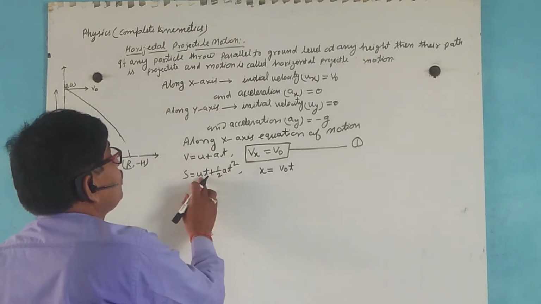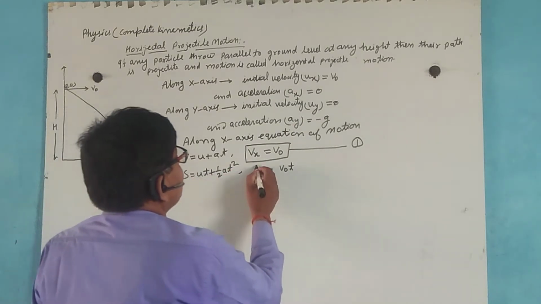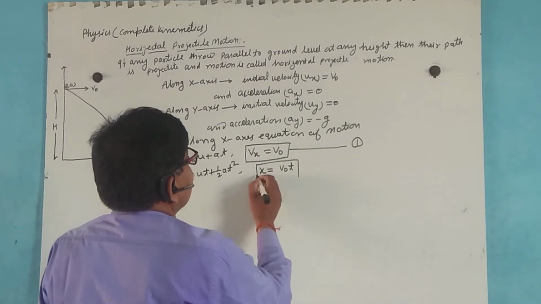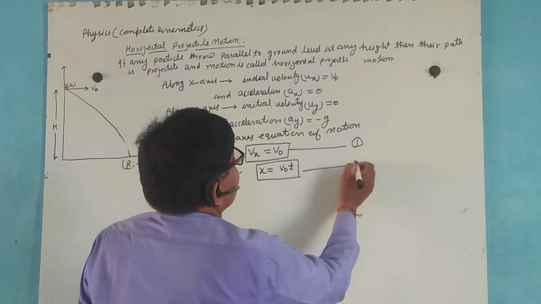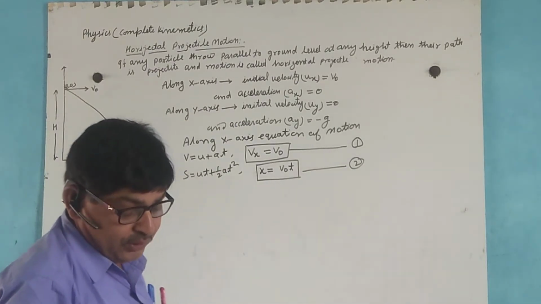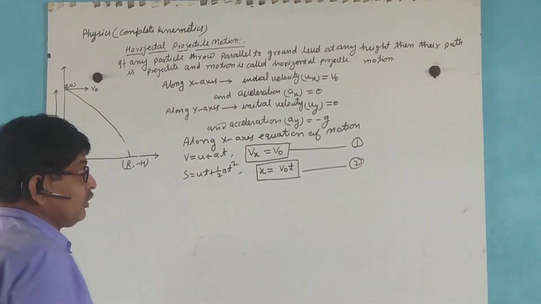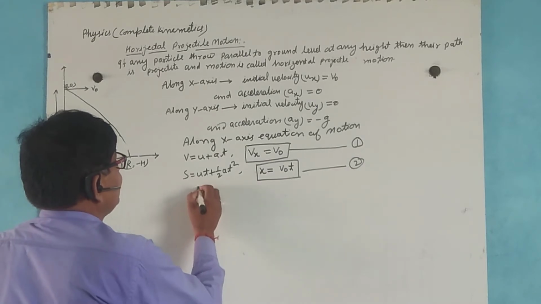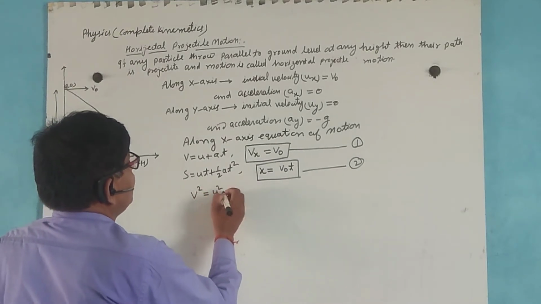So x is equal to v0t. This is the second equation, x is equal to v0t.